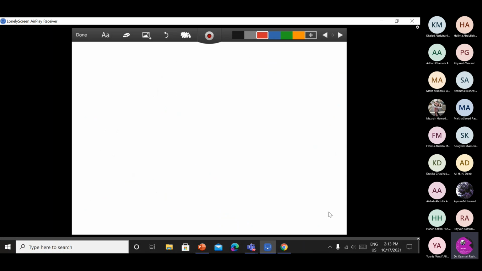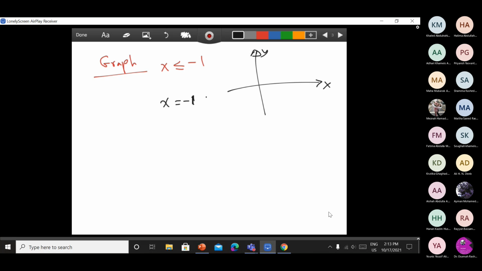Let's have another one. If I am asking you to graph x less than or equal to -1, it is easy. I have the x-axis and y-axis. I know x equal to -1 is a vertical line or horizontal line? Yes, a vertical line. So I come to -1 here, and I make a vertical line.